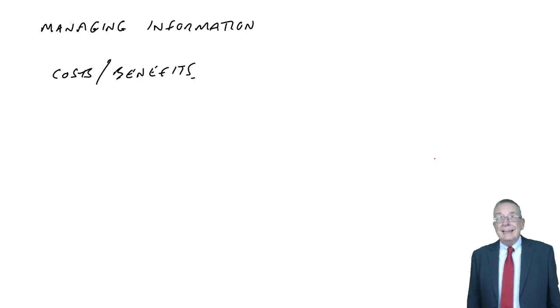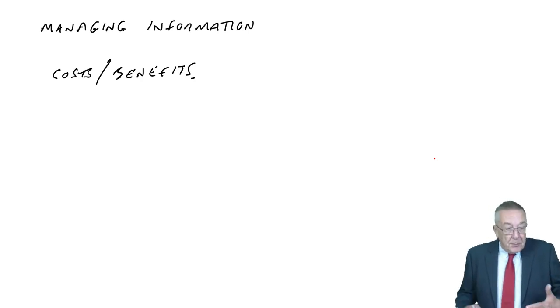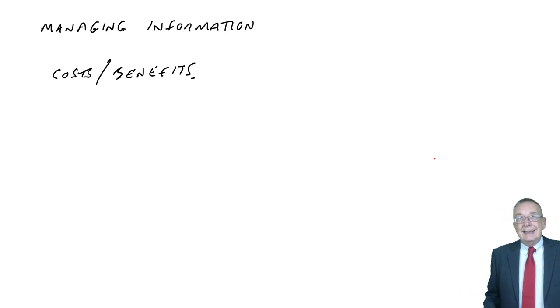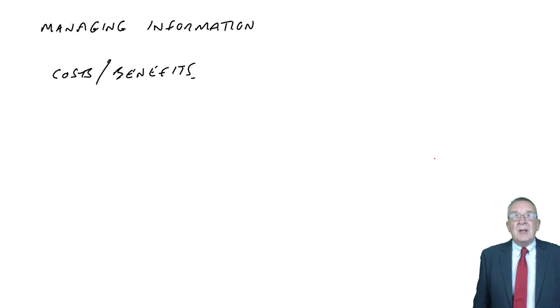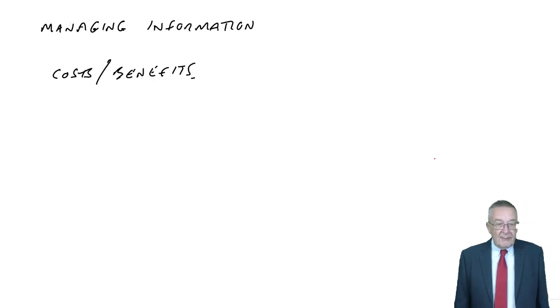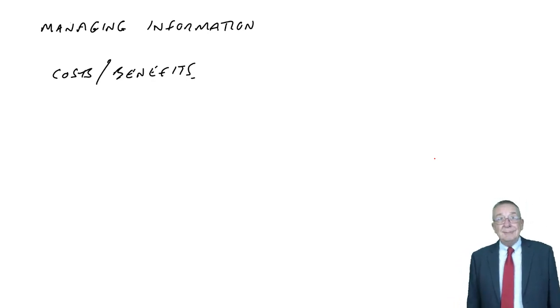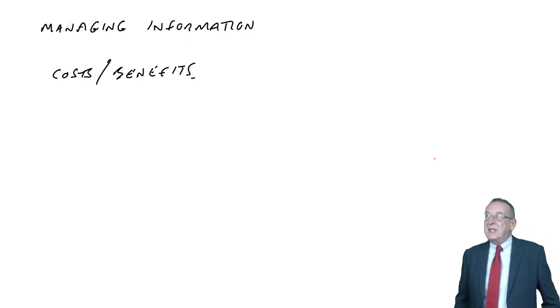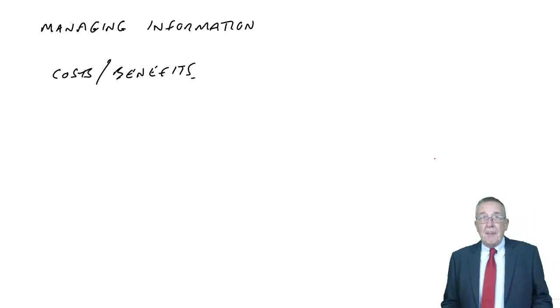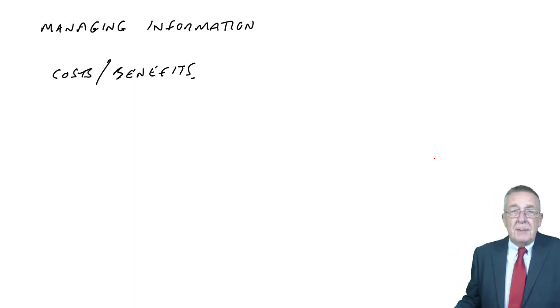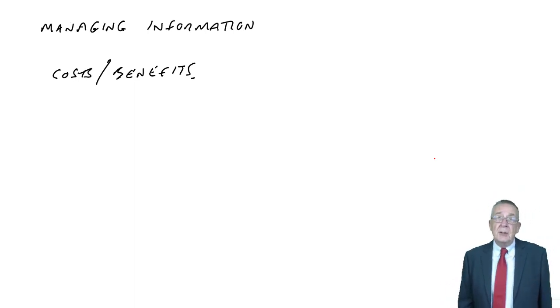Improved efficiency. We can get reports faster. It saves labour time. We can do things quicker. Cost reduction. That doesn't always apply, to be honest, but if we are able to do things faster, if we can lose some of the staff, then obviously, potentially, we can save costs.